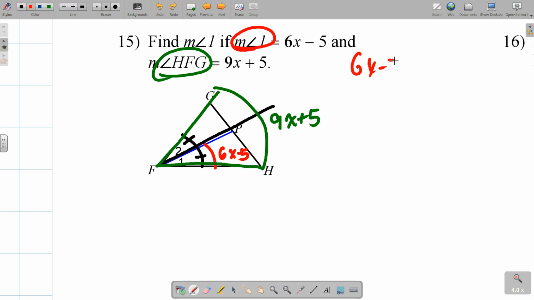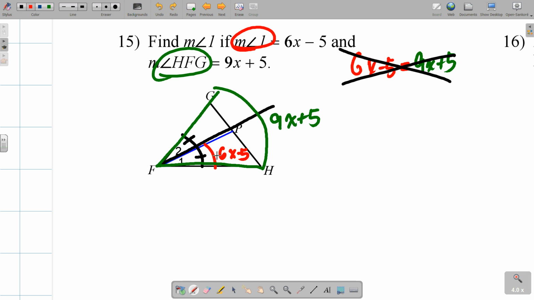Oh, 6x minus 5 equals, let's see, 9x plus 5. And you just randomly solve for x. Do not randomly put algebra together. Think in terms of things before algebra.